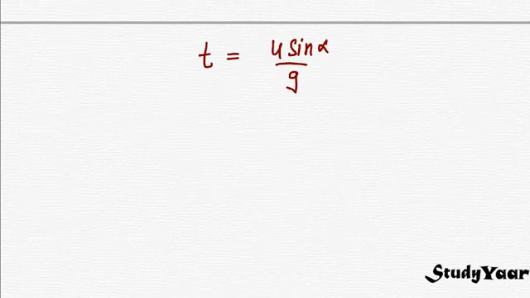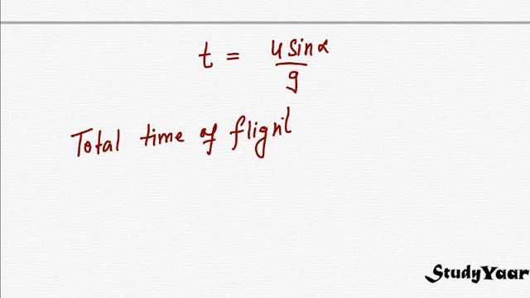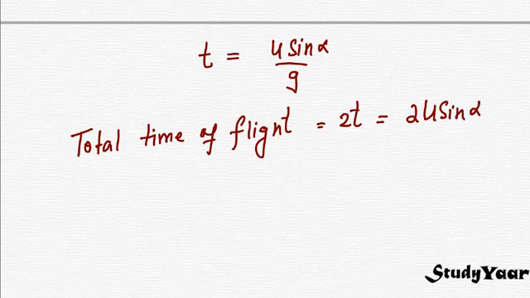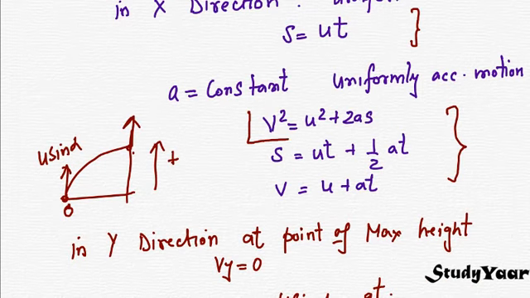Therefore my total time of flight is equal to 2 into t, which is equal to 2 into u sine alpha by g. Another equation that I want to use is this particular equation.